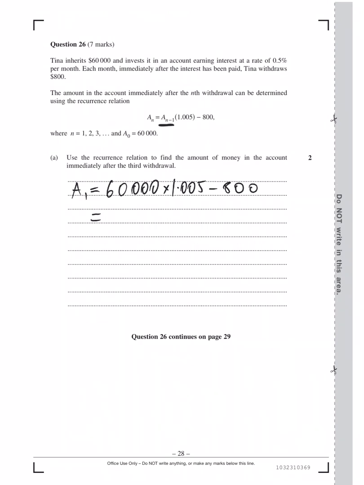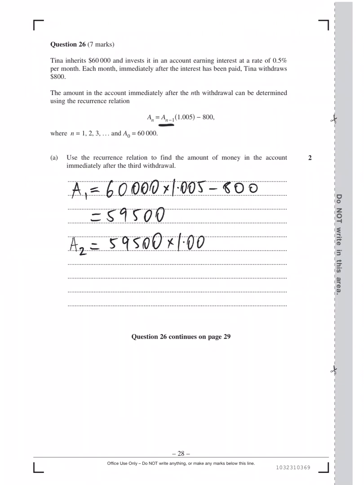So after the first month, that's going to be equal to a gain of $300 in interest, but a loss of $800 that's been withdrawn. So it's going to be $59,500.